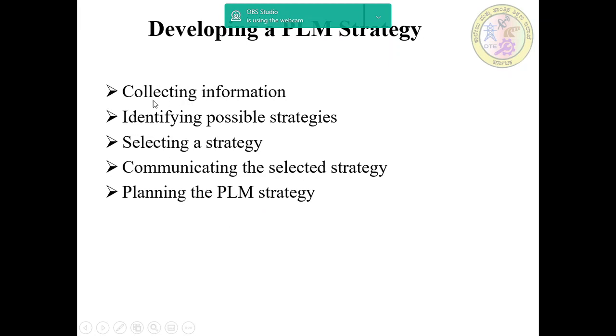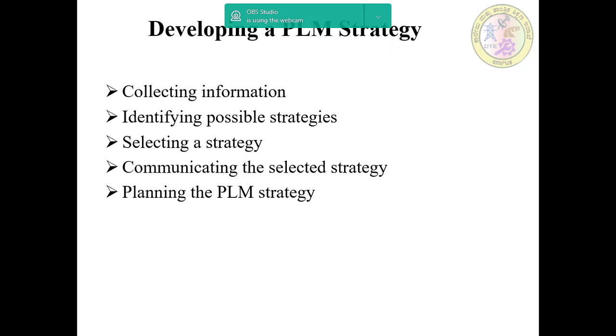First we will take collecting information. This is the first step of developing a PLM strategy. The information with which the strategy will be developed is collected and assembled. A PLM strategy can be developed by understanding fully the activities and resources in the product life cycle.